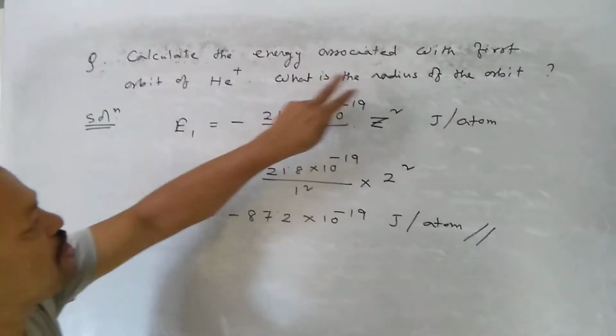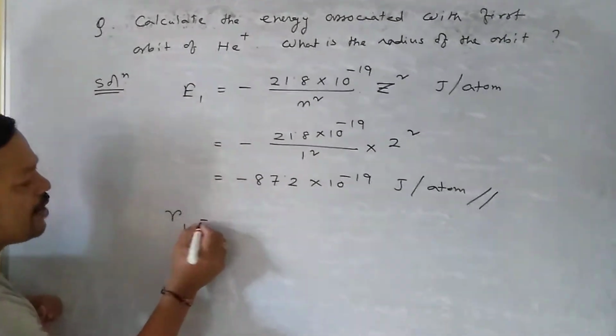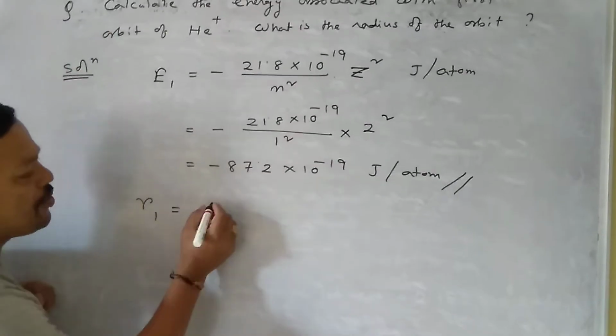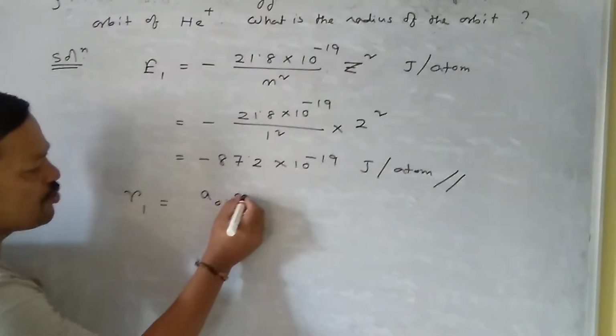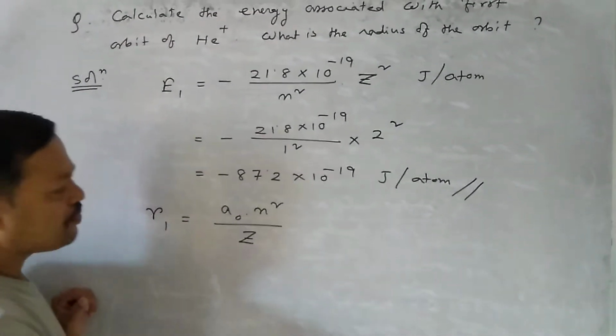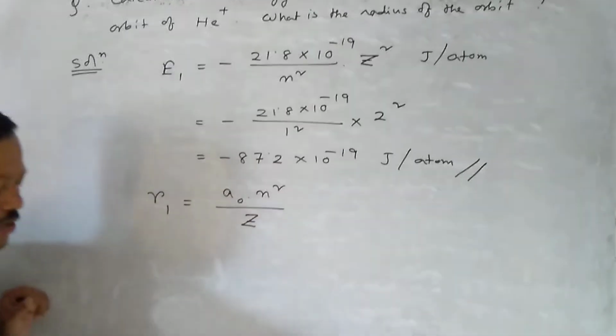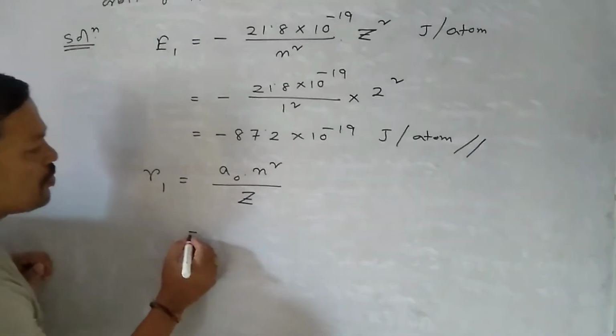Similarly, if you want to determine the radius of the first orbit, you can write R1. You have got the formula, R1 is equal to A0 into n square divided by Z. This is the formula to determine the radius of different orbits for a hydrogen-like particle. What was A0?